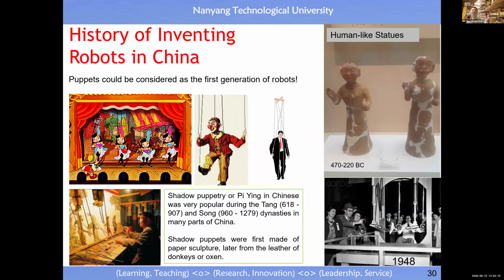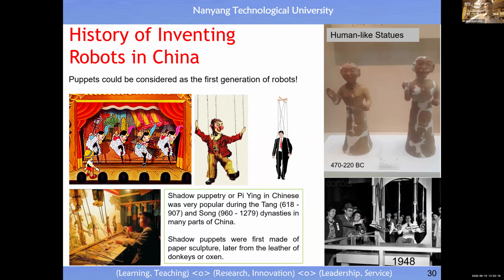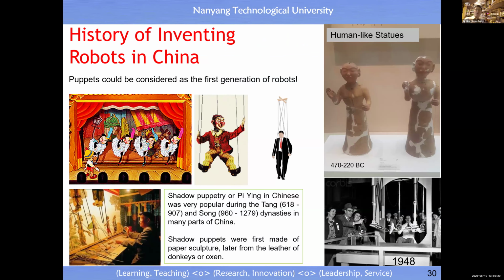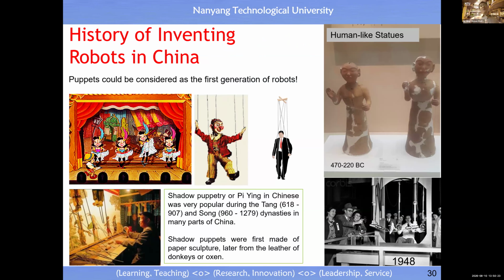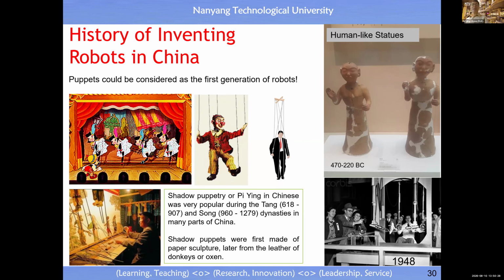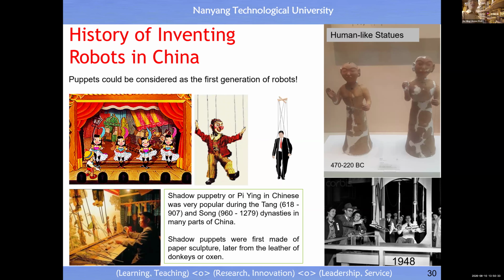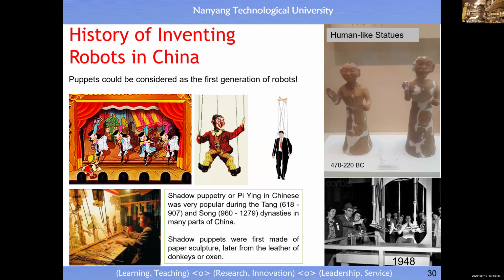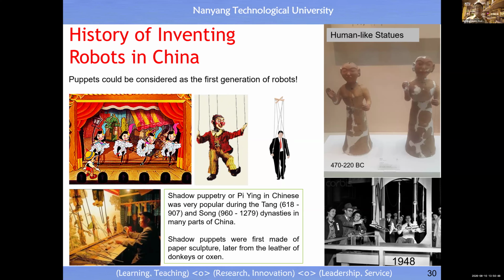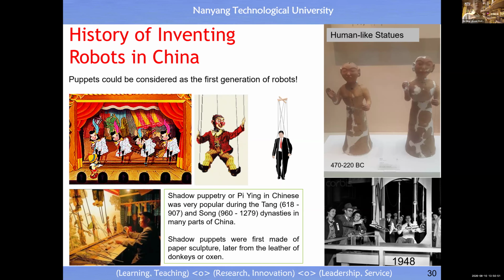Okay, so let me give you one version of the description about robot history and also the projection of robot history in the future. Actually, we could rectify that version of robot history. If we consider the teleoperated robot as part of the family in robotics, then we must consider the buffer as the first generation of teleoperated robot.